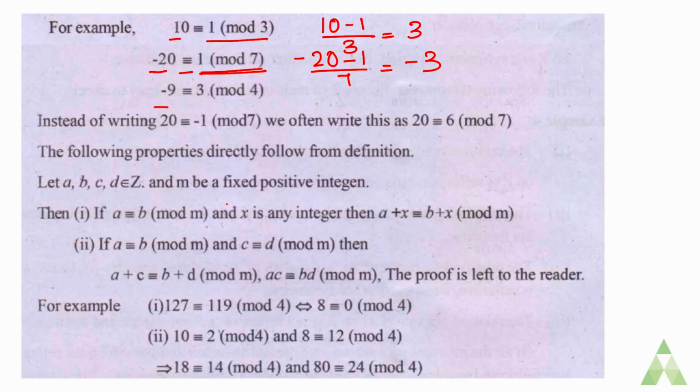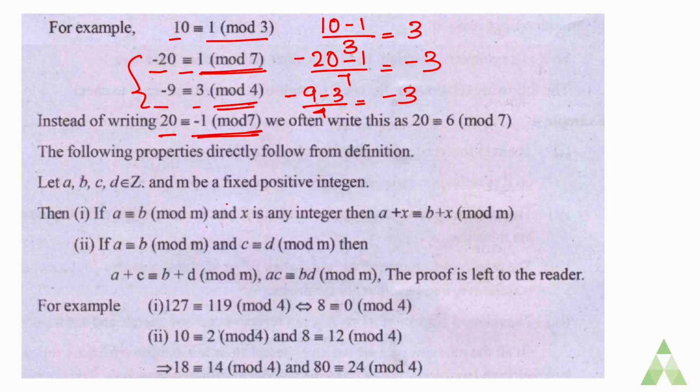Similarly, minus 9 is equivalent to 3 modulo 4. That means minus 9 minus 3 divided by 4 equals minus 3. So for a negative integer, we can write this as minus 20 equivalent to 1 mod 7.